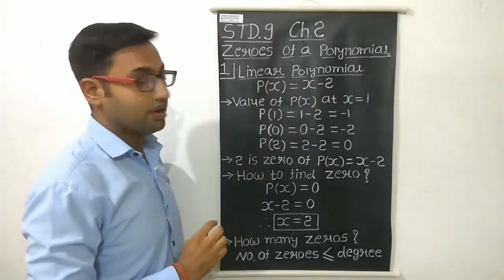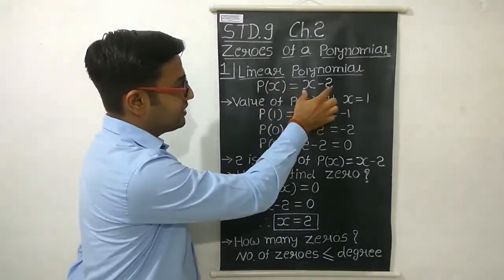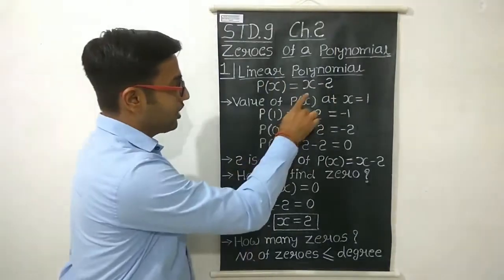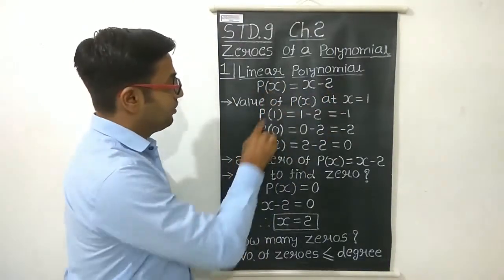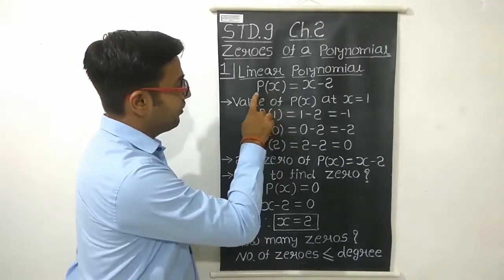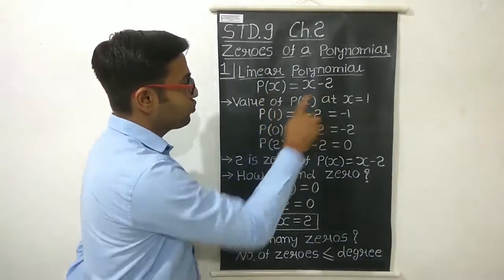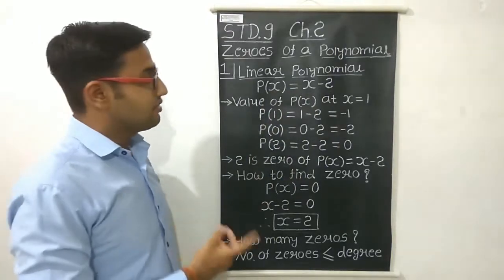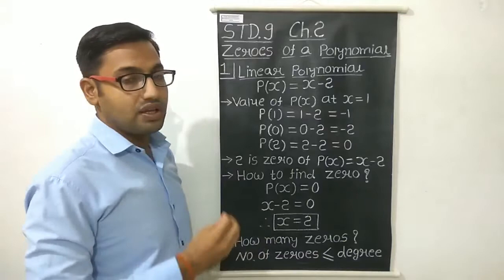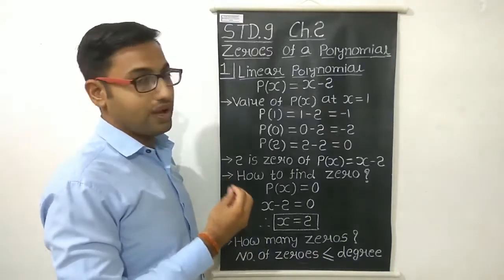It is a whole number. So we can say that this is a polynomial and we denote this as p of x. Now, as there is a variable x, we write p of x is equal to x minus 2.